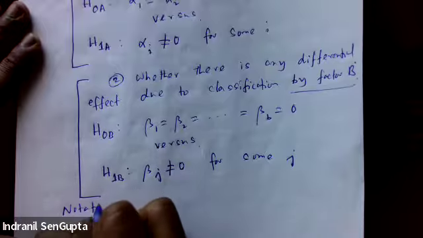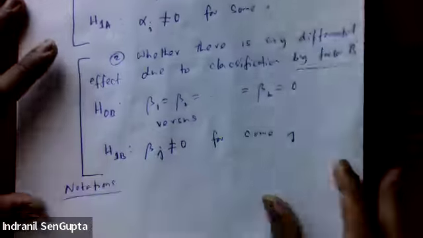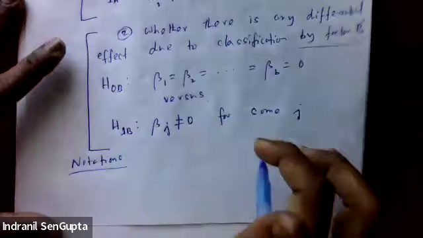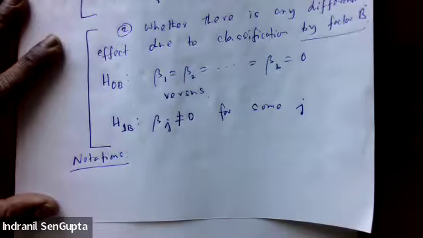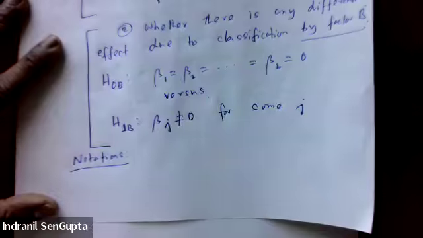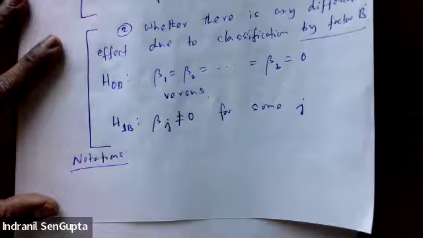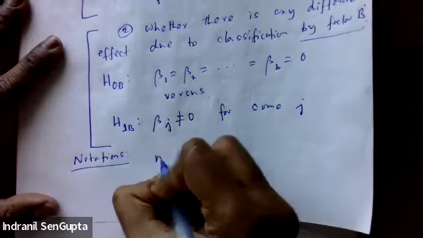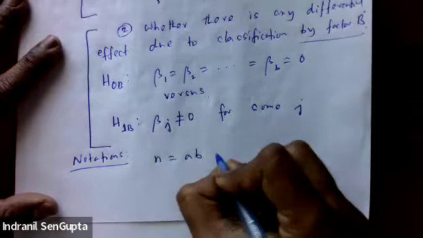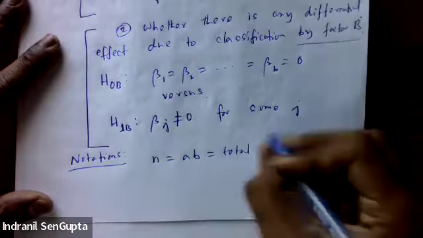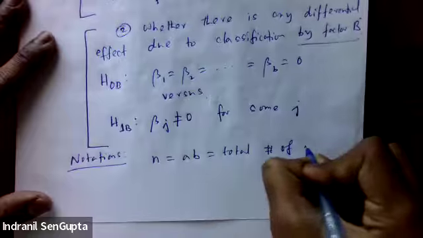First of all, we have already defined A and B: the number of classes by factor big A is called little a, and the number of classes by factor big B is called little b, right? Now I'll define N, which equals a times b. So it's the total number of observations.